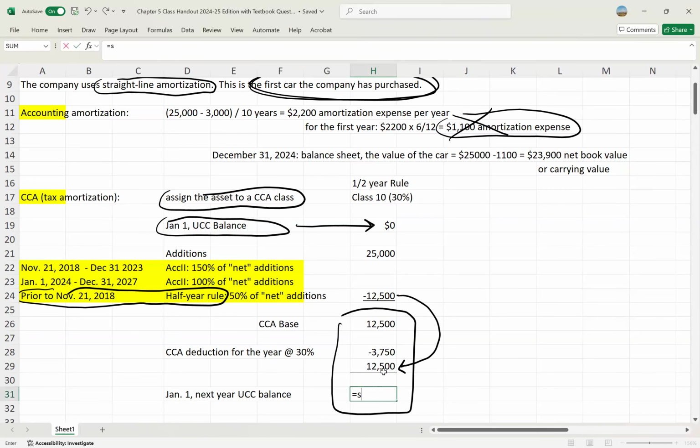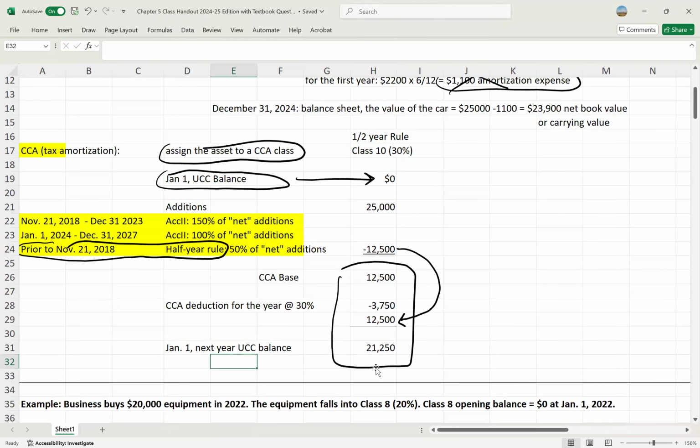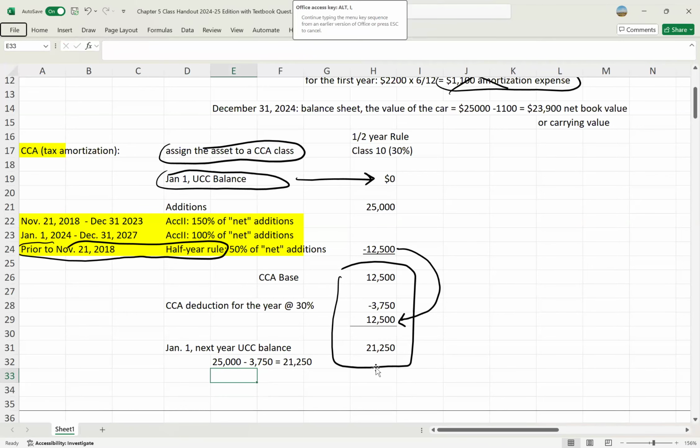And then when we do the calculation of the amount that's left over, that goes forward to next year, we get 21,250, which makes sense, right? Because if you think about it, we bought the car for 25,000. This year we took 3,750 in CCA. So the balance that's left over going into next year is going to be 21,250. And so this is the half-year rule.